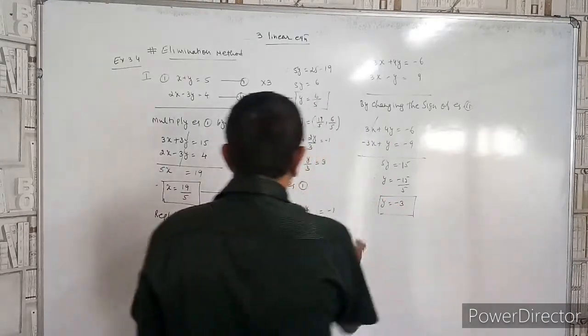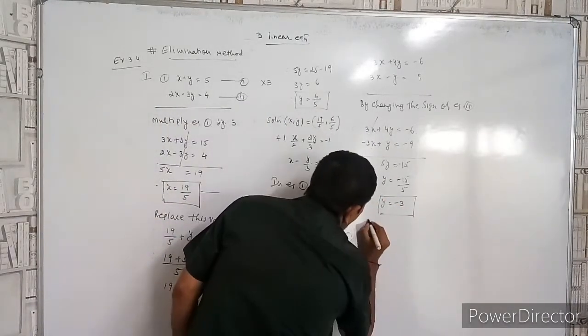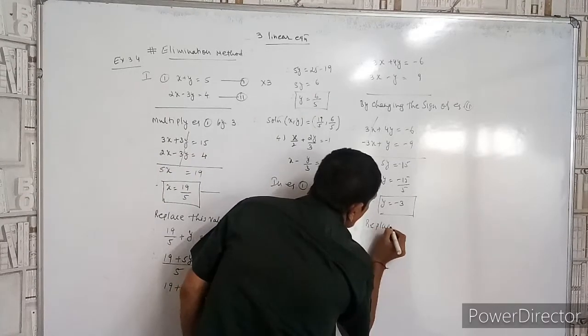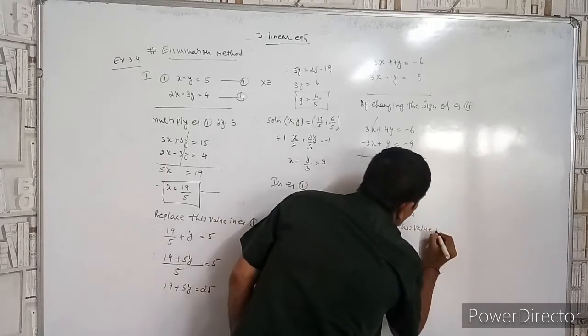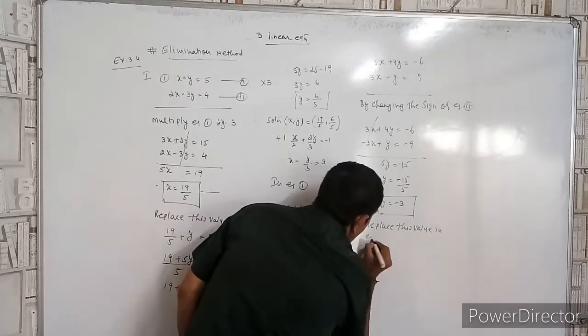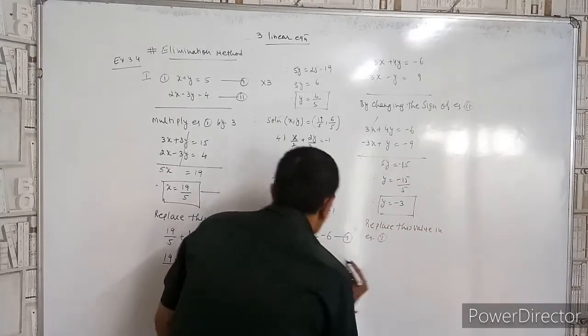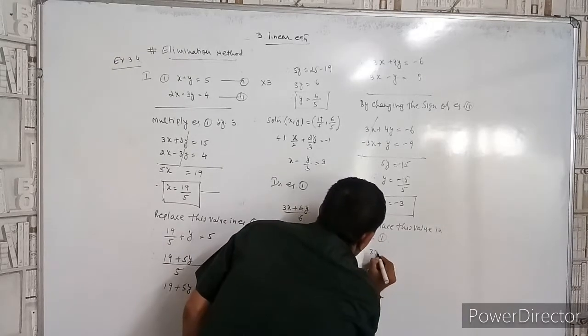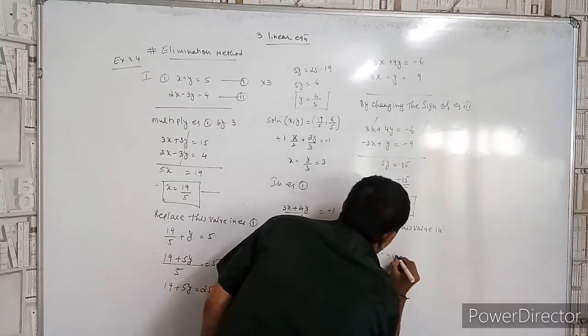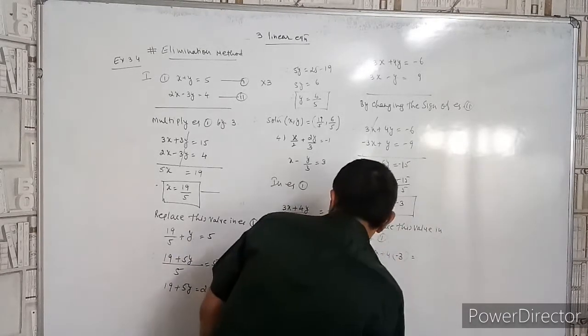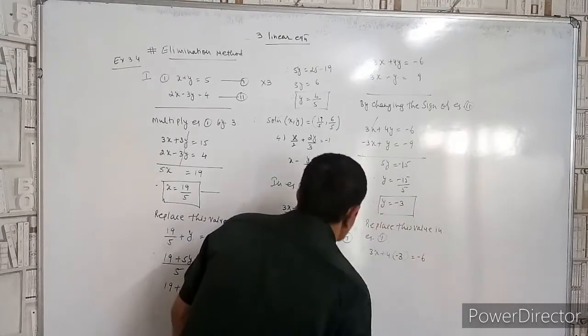Now replace this value in any of the equations. Replace this in equation 1. So therefore 3x plus 4y, so in place of y we can write minus 3, is equal to minus 6.